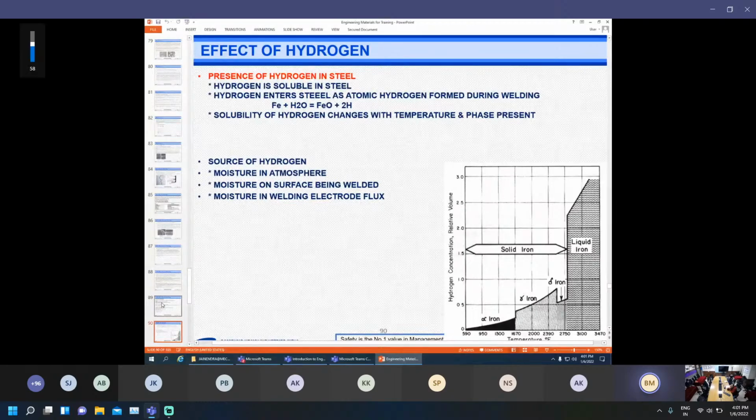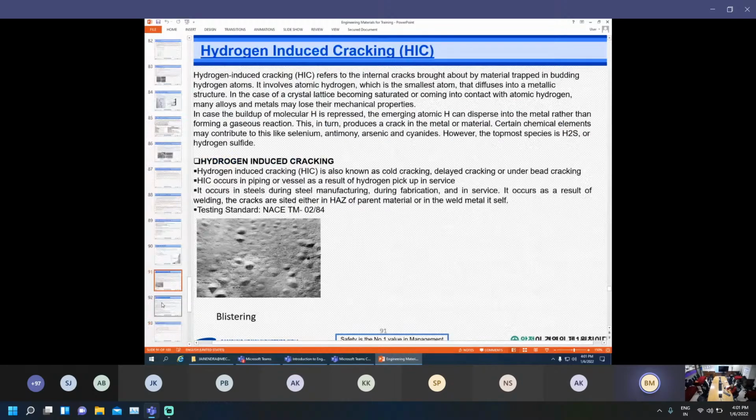When you are doing welding, hydrogen can be at the weld surface or the material surface, and it affects the material by attacking the surface. So hydrogen is very dangerous for the material.